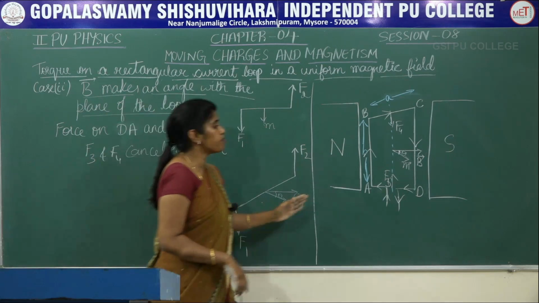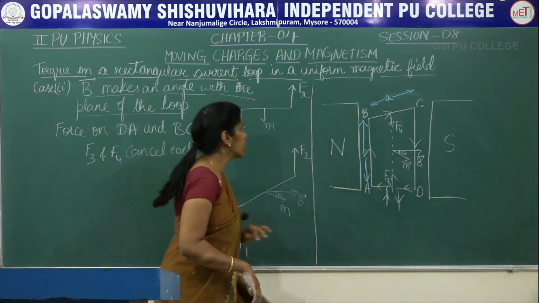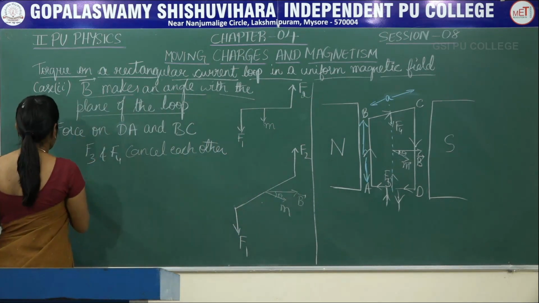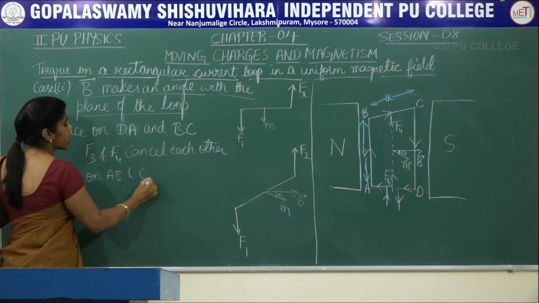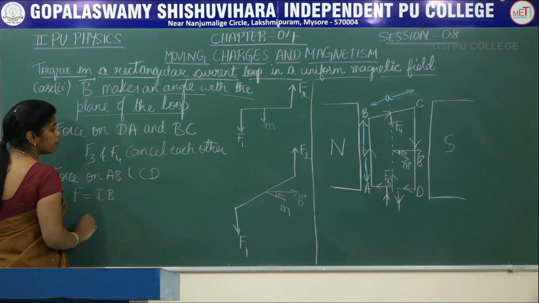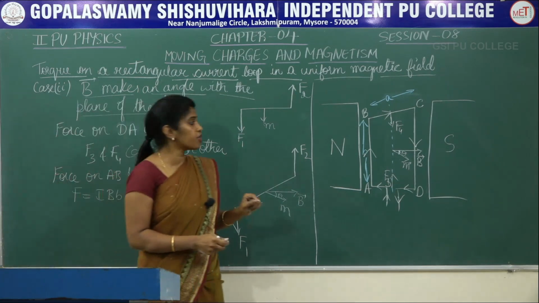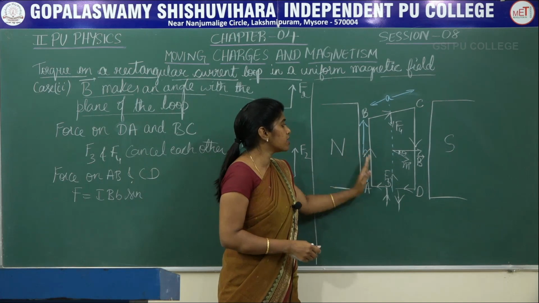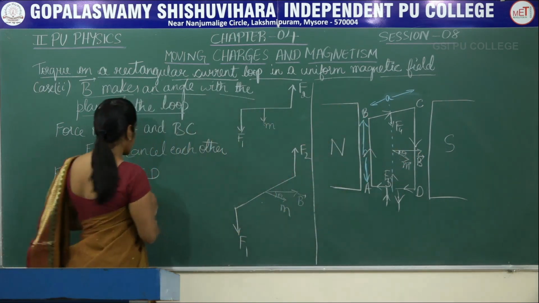Now, let us see what happens to the force on this AB and CD. The force F is equal to I B b sine theta. What is the angle between this b, that is the current, and the magnetic field? It is once again 90 degree.